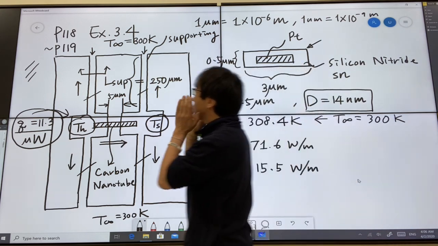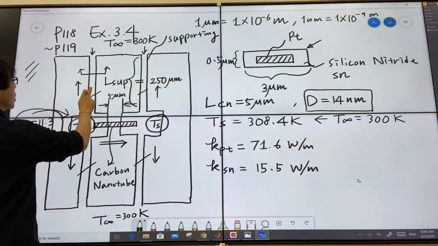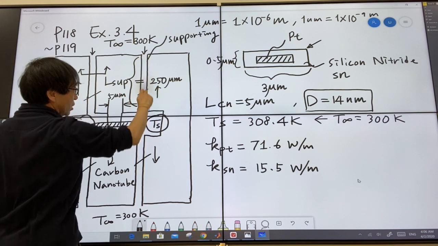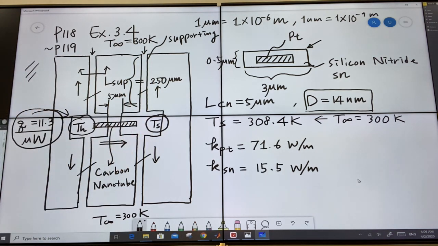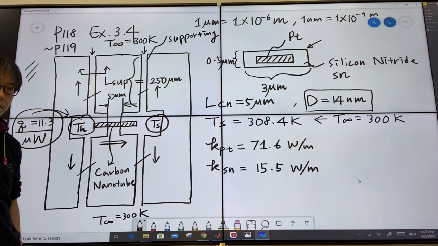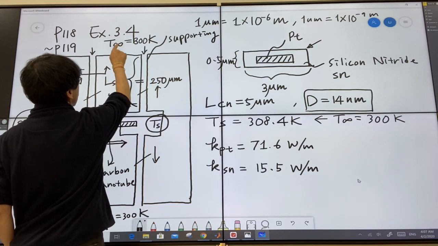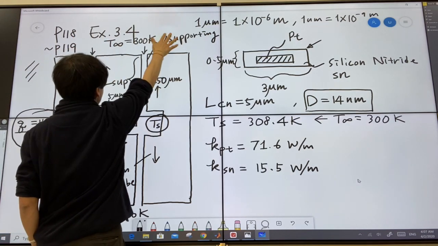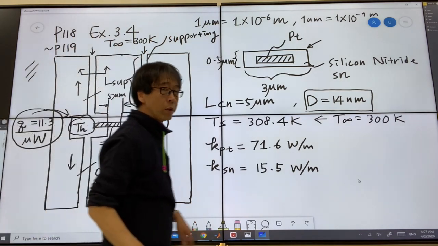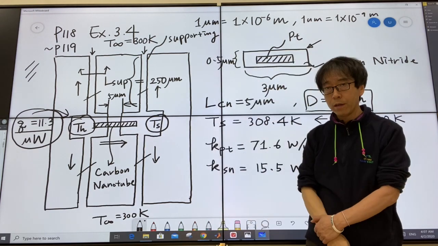What about conduction through other parts? Well, there might be conduction through this thermal path here. Would there be any conduction? No. Why not? Well, because look, this temperature, 300 Kelvin, is constant over all the exterior area.